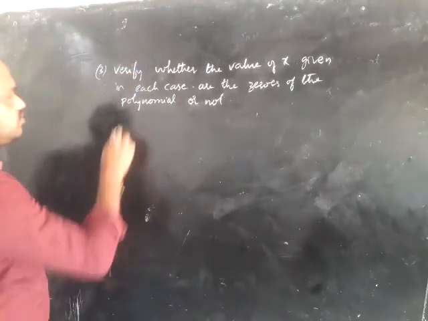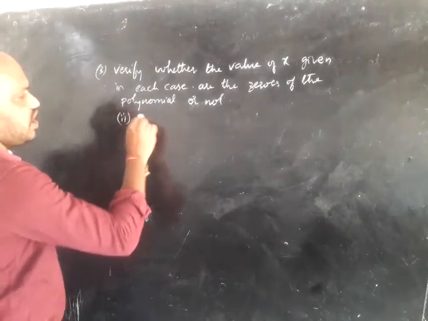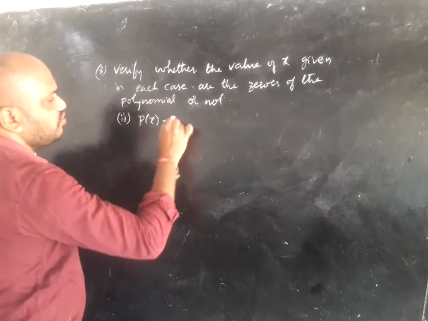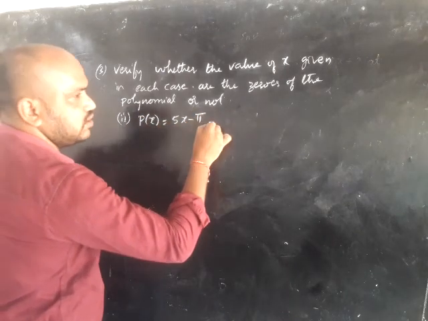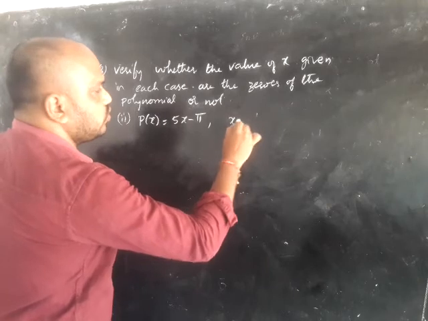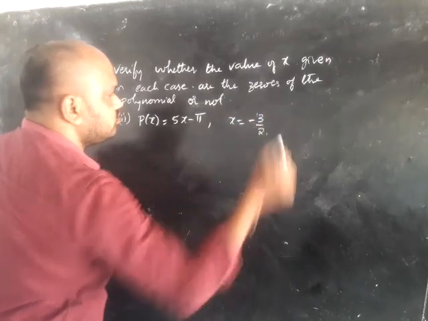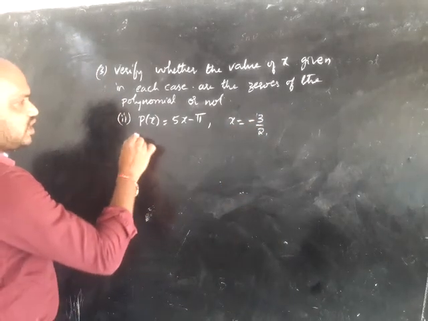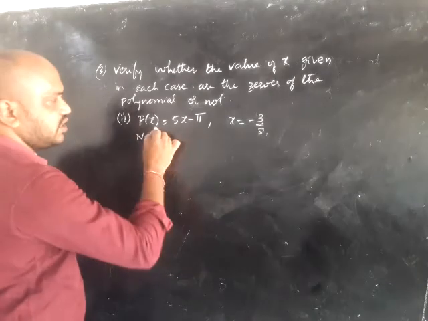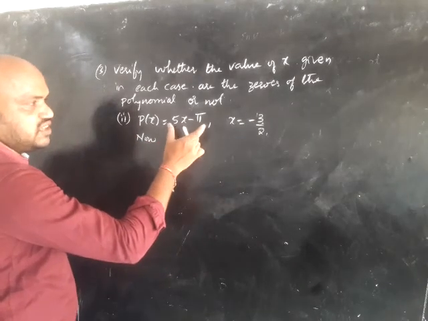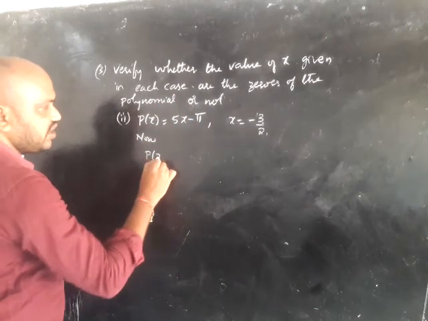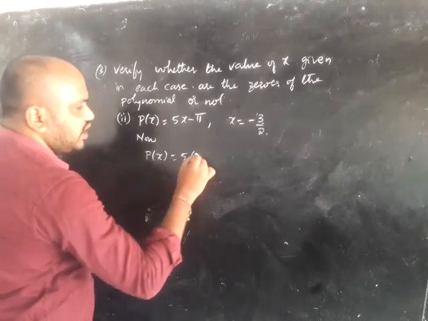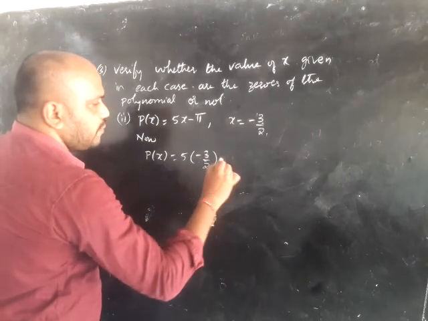The second one, P of x is equal to 5x minus pi and x is equal to minus 3 by 2. Now see in place of x replace with minus 3 by 2, then it becomes 0, means it will be the polynomial P of x is equal to 5 into minus 3 by 2 minus pi.